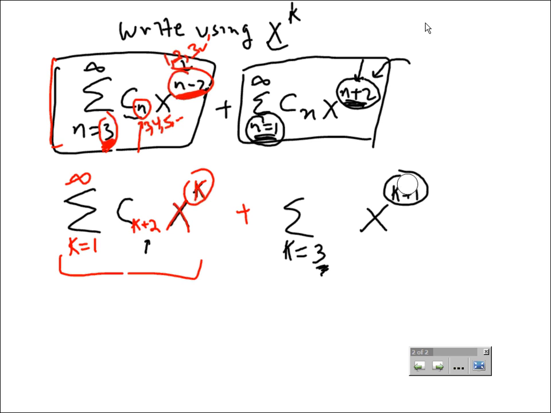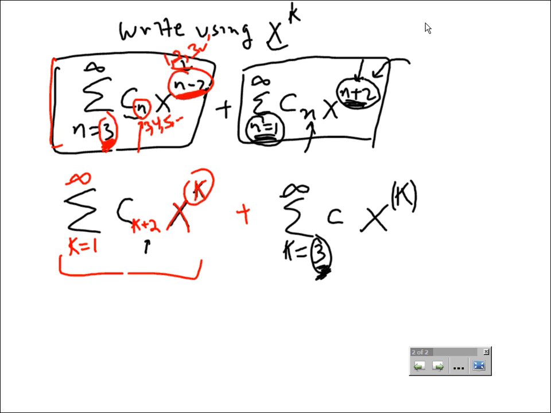If it said k minus 1, and I want the power up here to start at 3, I would have let k start with 4. But everything's fine now because it's just k. If I want this power to be 3, I start at 3 and I go all the way up to infinity.